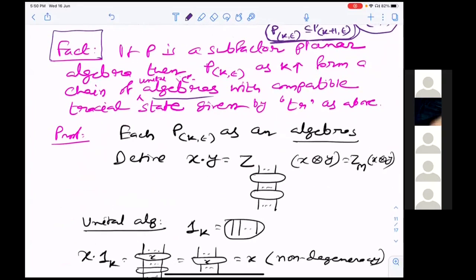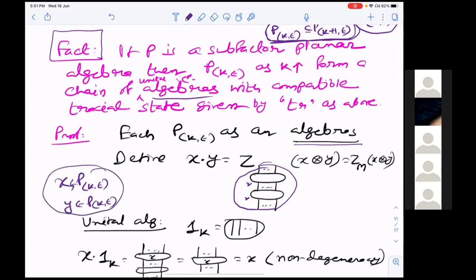Now, how to do the multiplication? Why will Pk epsilon be an algebra? Remember, this type of tangle we always call a multiplication tangle. Now the reason will be clear. For any x in Pk epsilon and y also in Pk epsilon, we have to give a multiplication structure so that Pk epsilon will be an algebra.